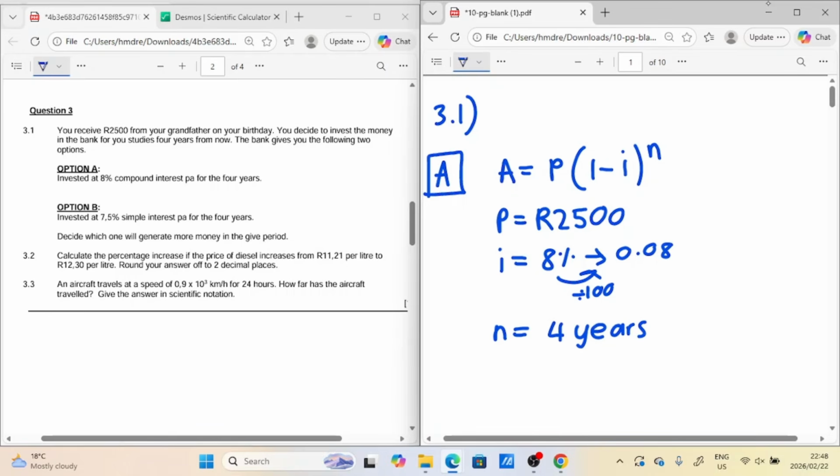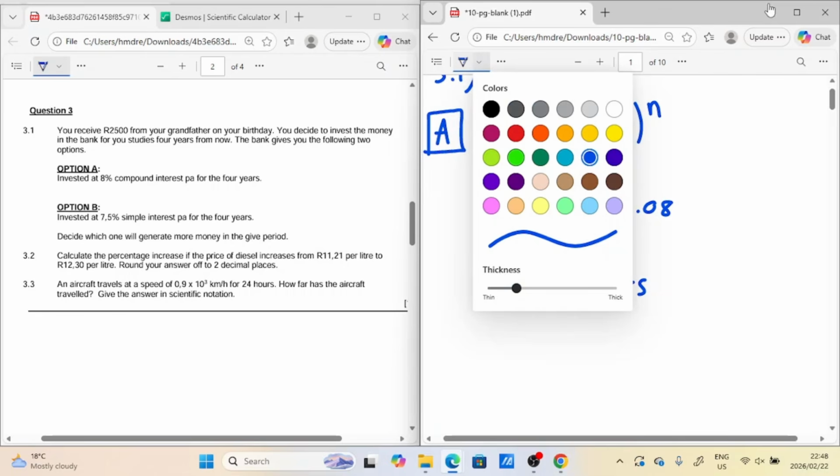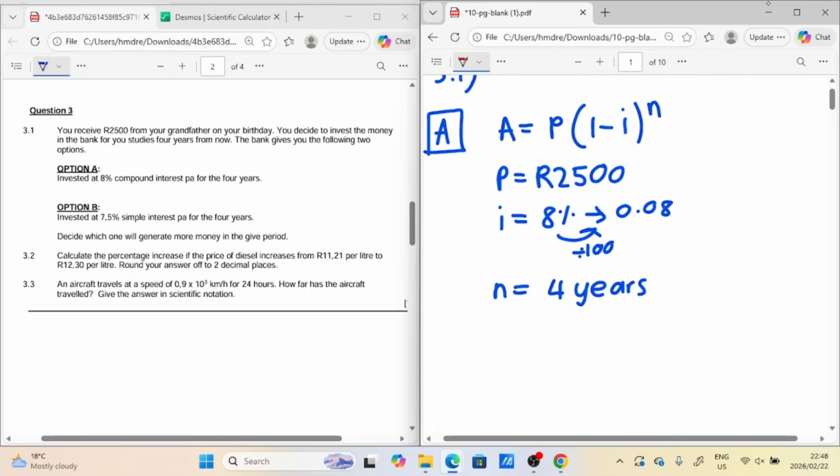Okay, so now it's just a matter of subbing in these values. So we're going to say A, our final amount, is equal to 2,500 times 1 minus 0.08 to the power of 4 years.